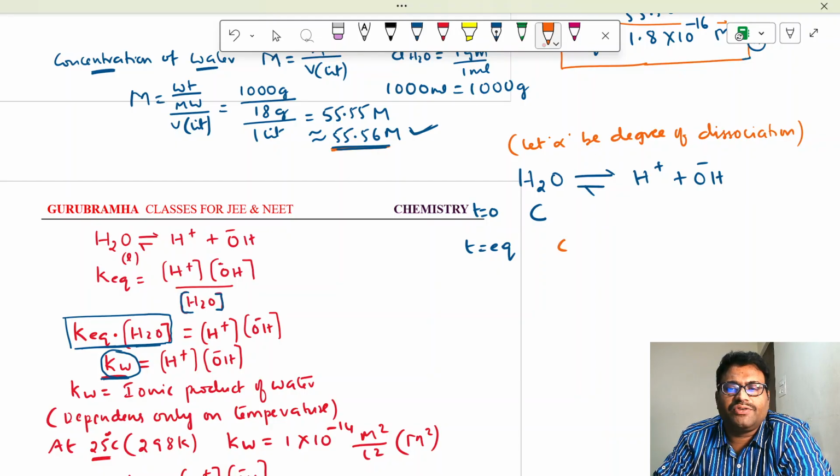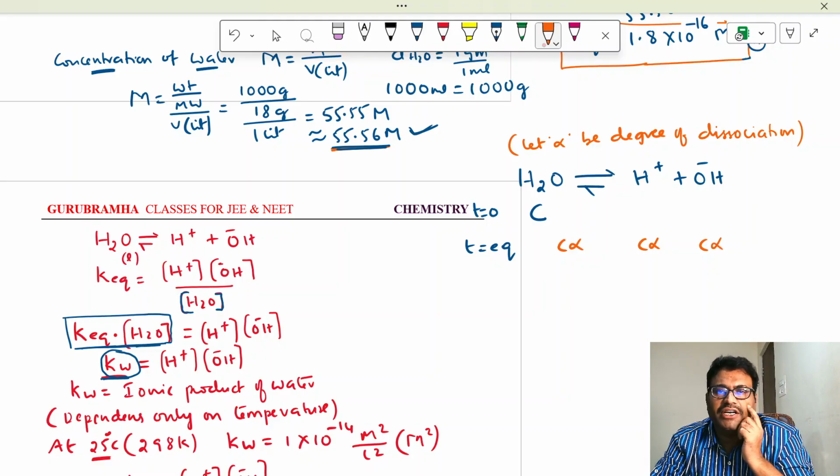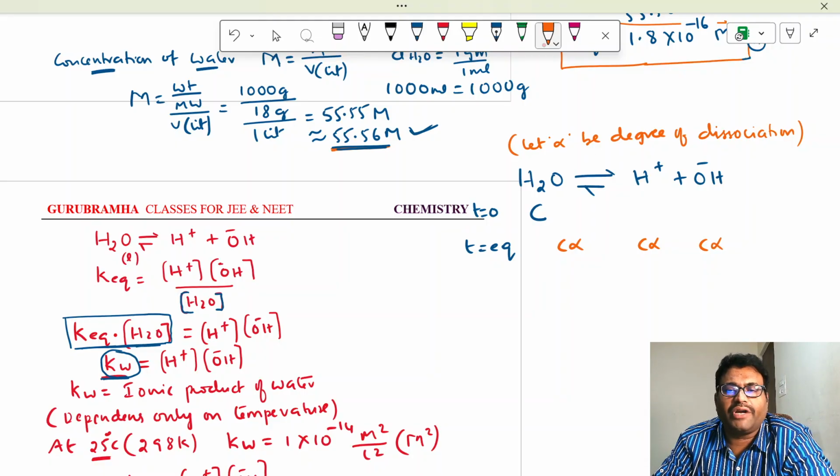C alpha is dissociated. Then how much H plus is formed? C alpha is formed. This we have studied in chemical equilibrium in detail, how to write this C alpha, alpha. If you have any doubt here, please go through the videos of chemical equilibrium, then you will be able to know.